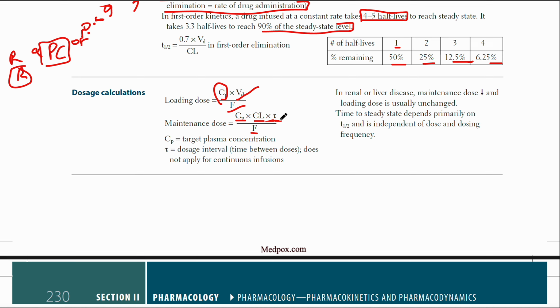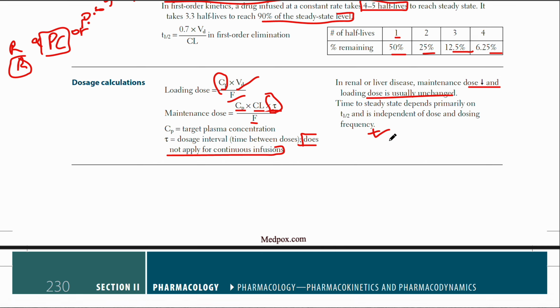This tau here, the dose interval, the time between doses, does not apply in continuous infusions, so it is just omitted in the calculation in the case of continuous infusion. So in renal or liver diseases, maintenance dose is decreased and loading dose is usually unchanged. Time to steady state depends primarily on half-life and is independent of dose and dosing frequency, right?